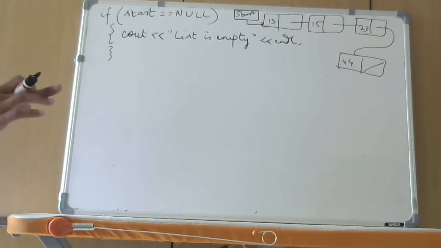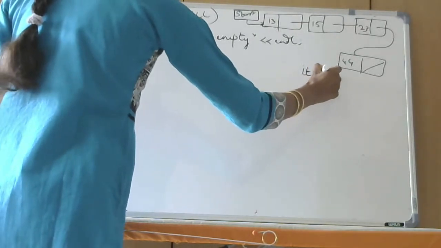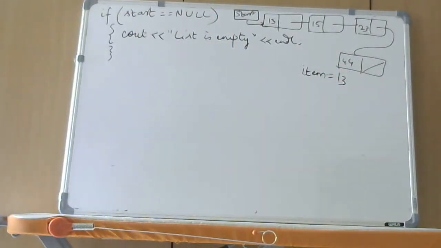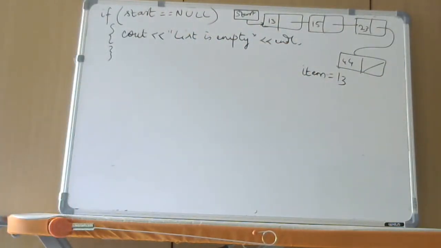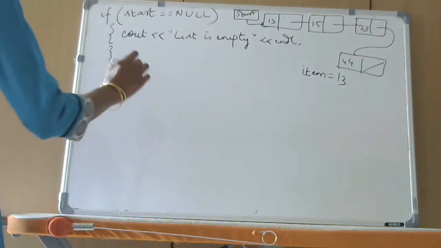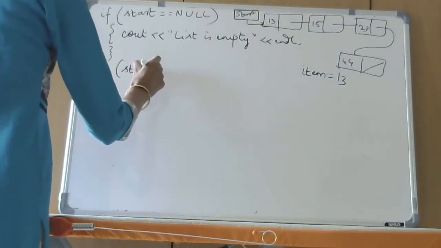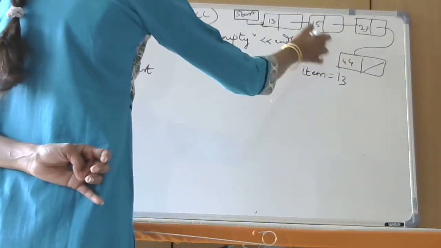Next I have to check if I want to insert before the first element. Let us say we have accepted the element in the variable item, and I have entered 13. That means before 13, I want to insert my new node. So what should I check? Is it the first element?